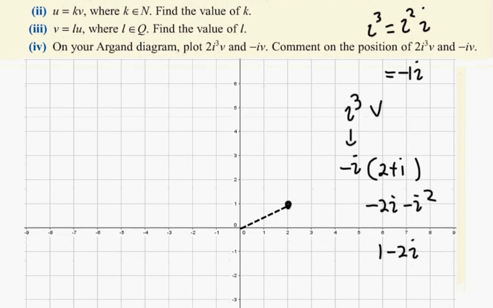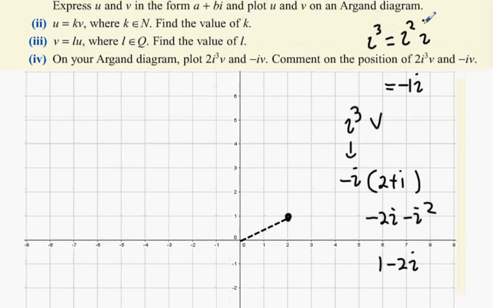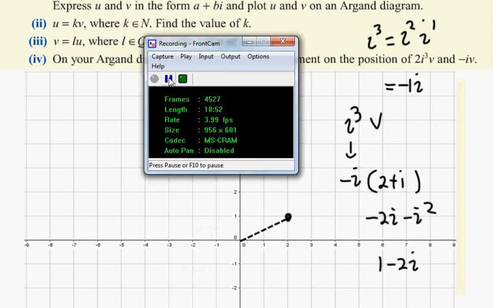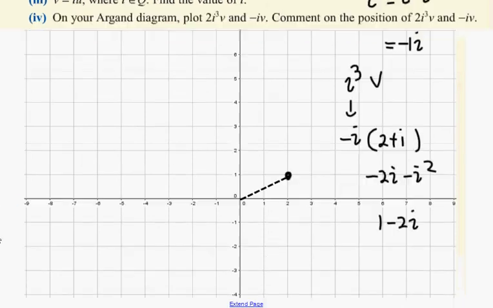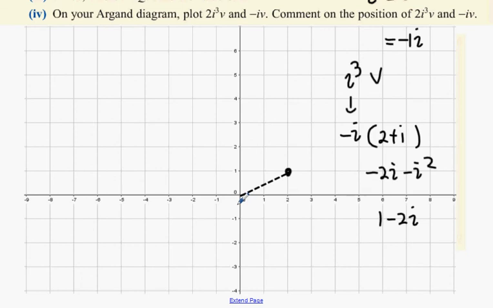Yes, Sean? It's that section we did last time. I cubed equals i squared times i. I squared is minus 1. So what we get here is 1 minus 2i, okay? Now where is 1 minus 2i in location to this?